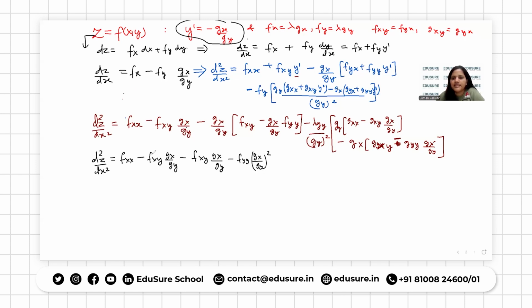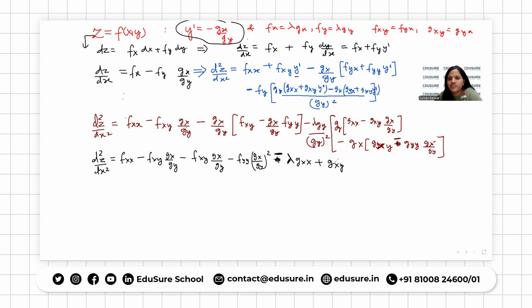Then plus lambda times, minus lambda times gxx. Then minus minus plus gxy. Okay. So this is a gy and this gy will get cancelled out. And then here we will have gxy. So we will have minus minus plus gxy.